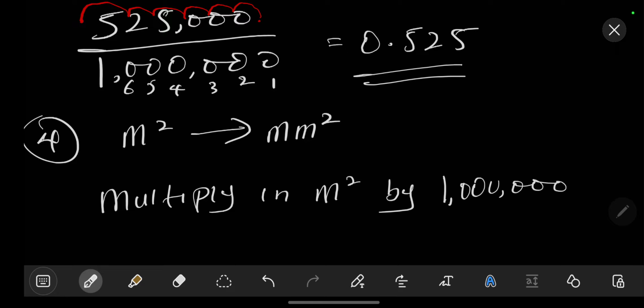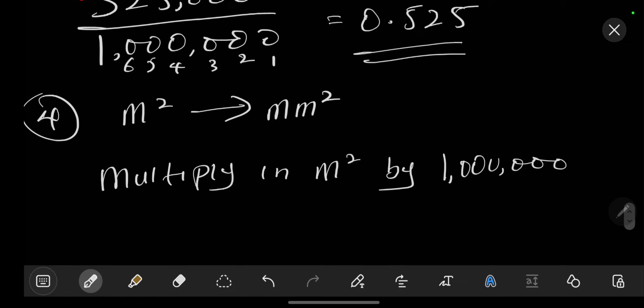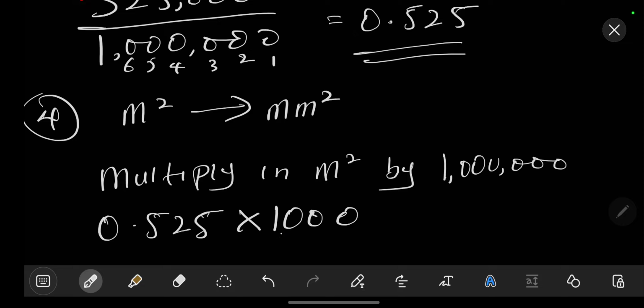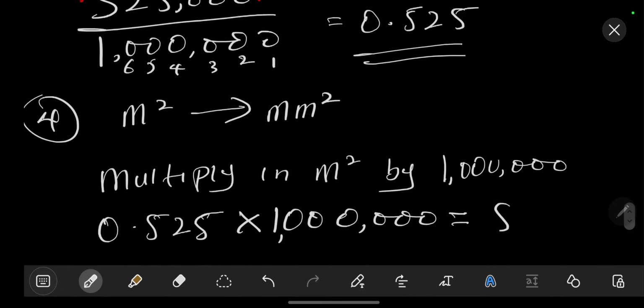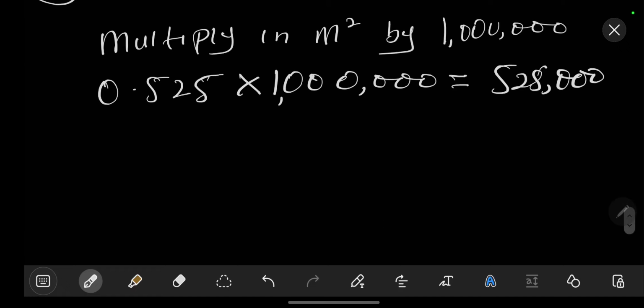So that is basically it. If you multiply 0.525 by 1 million, it will give you the exact number you are coming from, that is 525,000. See that now? That's how it works.